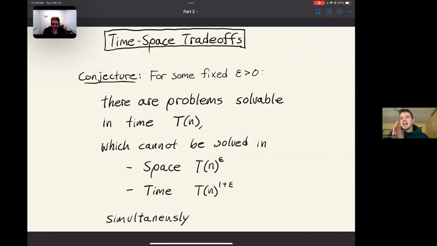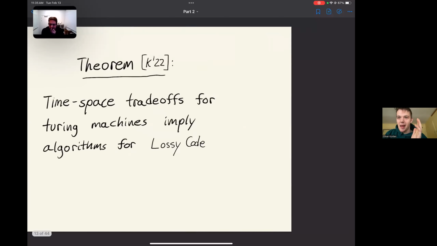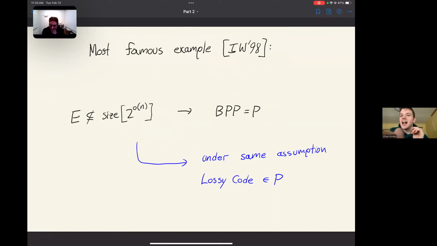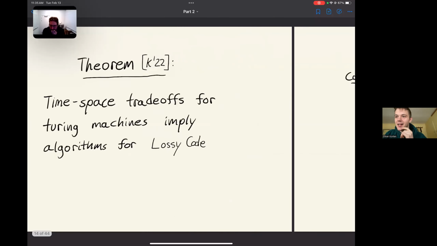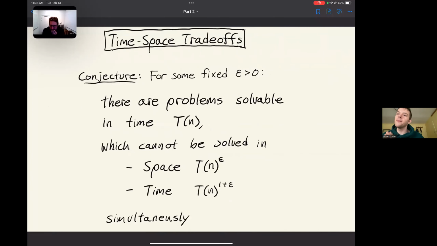What I mean by a time-space trade-off, just like if we scroll back in this hardness randomness, on the left side, we have some lower bound assumption that a certain problem is hard for algorithms to solve. So similarly here, we're going to have a lower bound assumption of a different form. Our assumption says that there is some fixed positive constant, epsilon, so that there are problems that are solvable in a certain amount of time, t of n, which cannot be simulated in the following way.